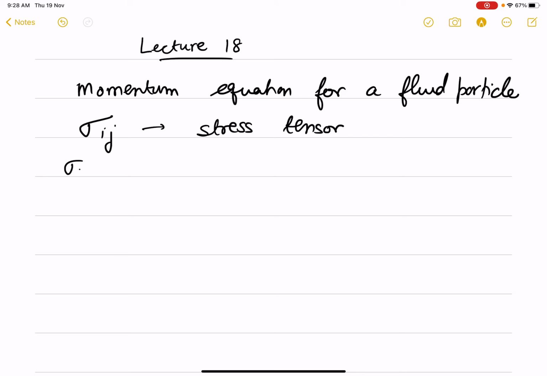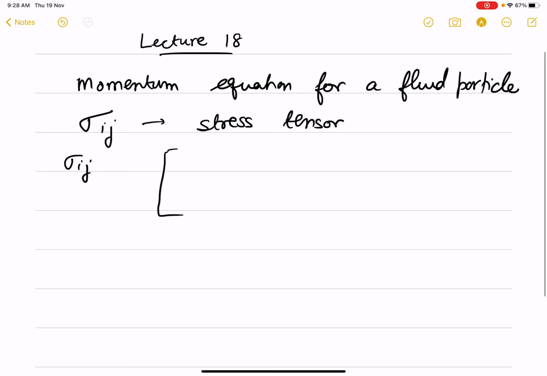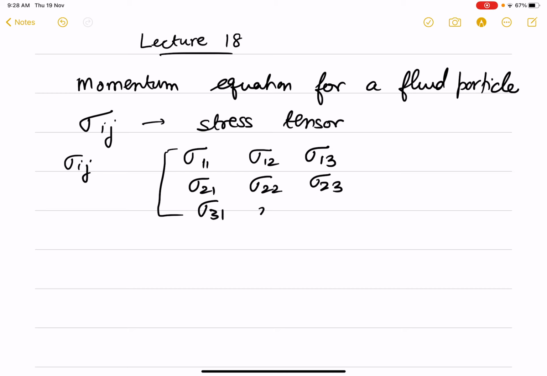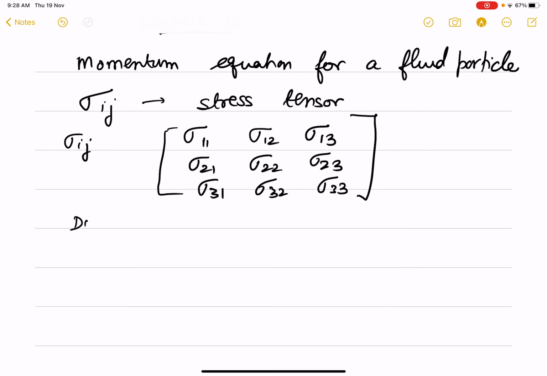If we have this second order tensor sigma ij, which is sigma 11, sigma 12, sigma 13, sigma 21, sigma 22, sigma 23, sigma 31, sigma 32, sigma 33. So this is our second order tensor, and we divided this into two parts. And this we can do with any second order tensor.